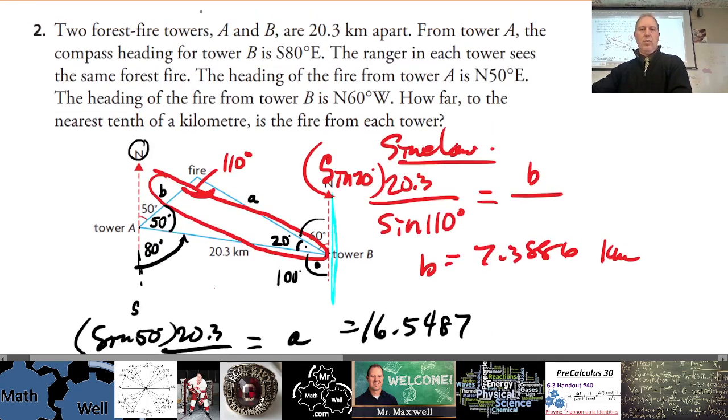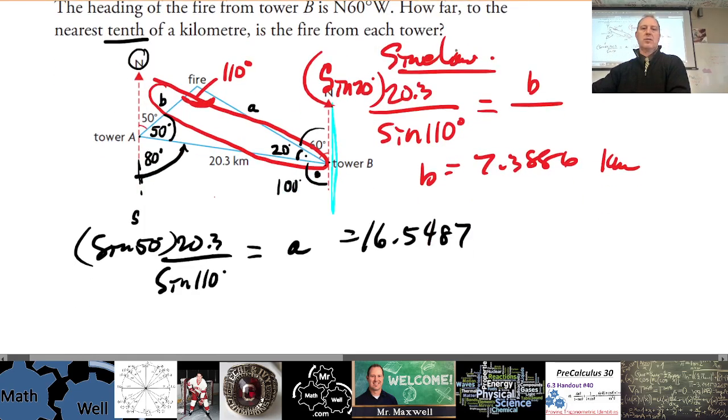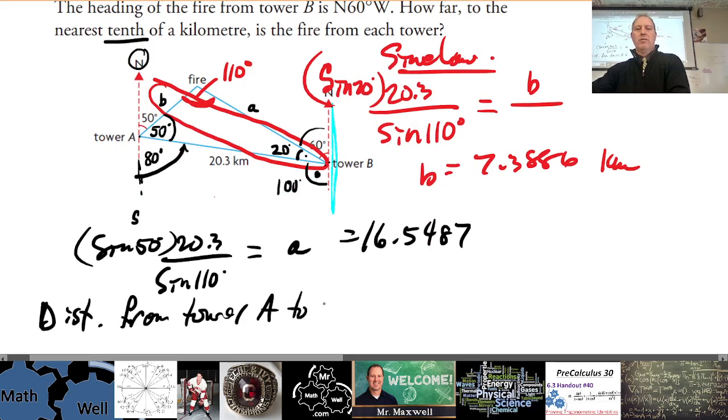Okay. So now let's round it to the nearest tenth of a kilometer and state our answers clearly. So the distance from tower A to the fire is actually little b there, so it is 7.4 kilometers.